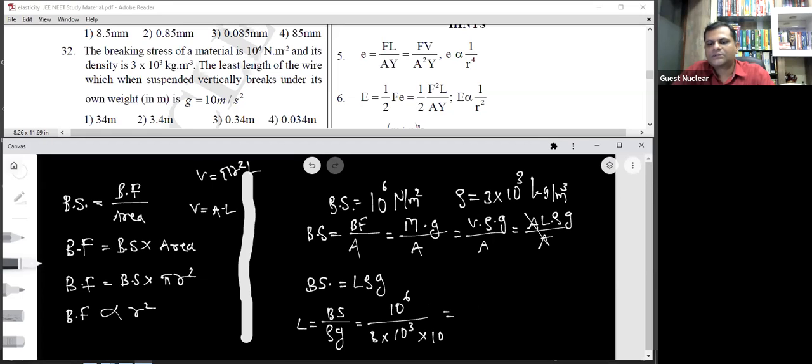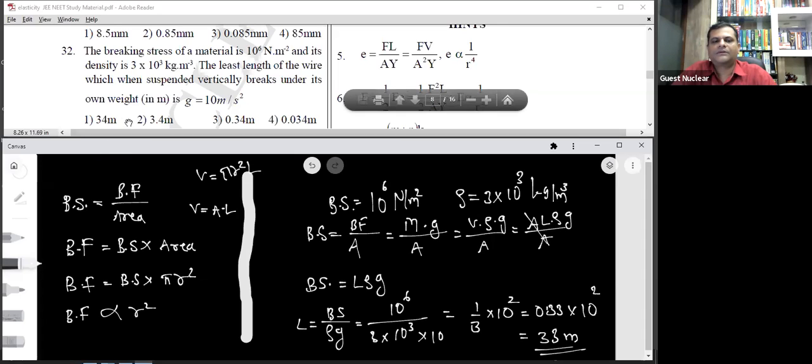So just work this out and we get 1/3 into 10⁻², कितना आएगा, 6 minus 3 is 3 and 10⁻³ upon 10 comes out to be 10⁻² only, and hence 1/3 मतलब 0.33 multiplied by 10⁻², which comes out to be 33 meter approximately. So it's going to be 34 meter approximately.